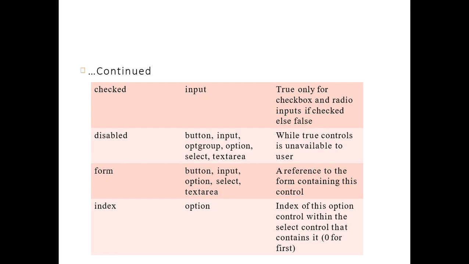Next is disabled. Disabled means to remove the control. We have completely disabled the things, meaning that things will not appear in your current execution. So disabled applies to button, input, optgroup, option, select, text area; while true, the control is unavailable to the user. Sometimes we need to remove the controls from the user.